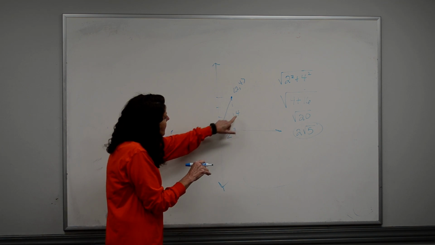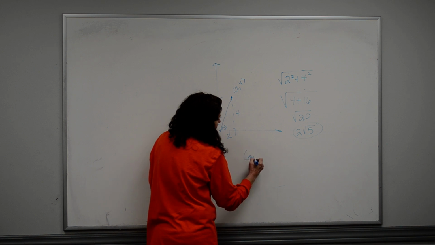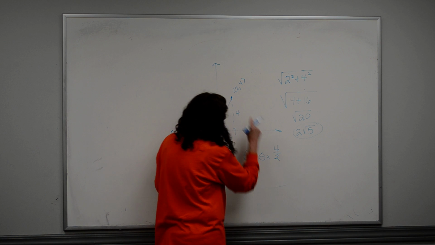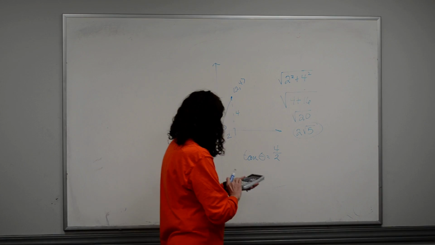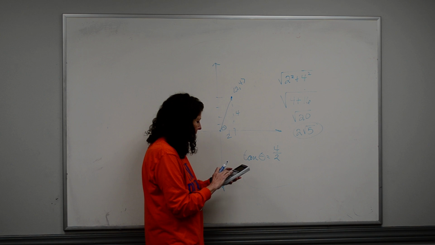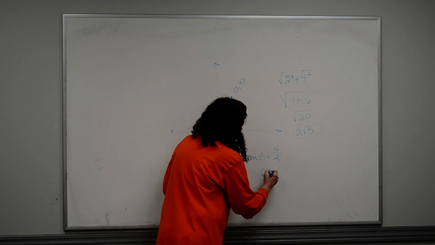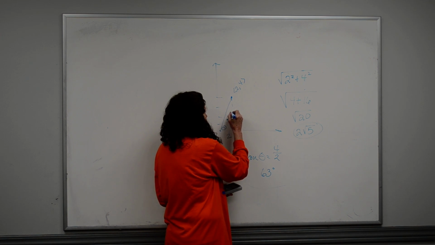But this right here will allow me to find that angle. So the tangent of theta is 4 over 2, opposite over adjacent. I'm going to have to use my calculator, make sure it's in degrees, and use inverse tangent of 2, and I'm going to get 63 degrees, which is going to be this angle right here.